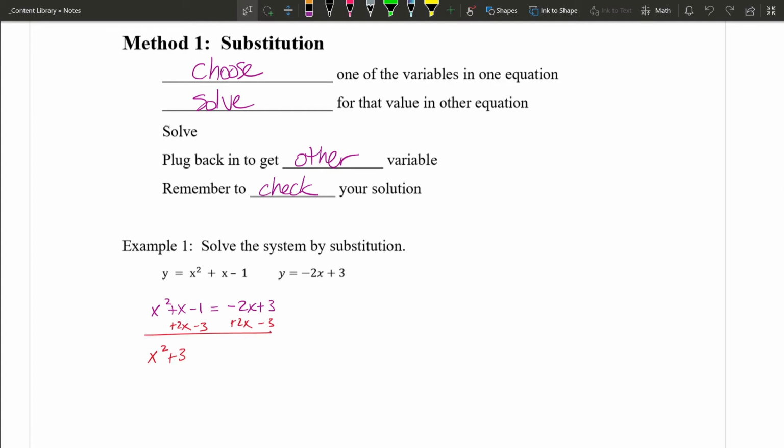I'm going to think to myself, what am I gonna do with this? I need to figure out the solutions. So I would rather factor than put it in the quadratic formula. Let's see, two numbers that multiply to -4 that add to 3, 4 and 1.